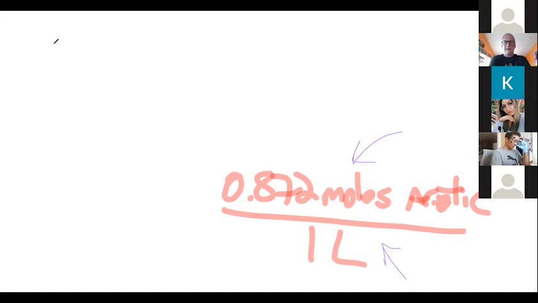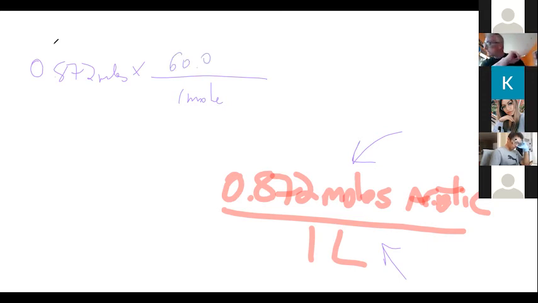How do I determine the mass of 0.872 moles of acetic acid? Multiply it by the conversion factor of the molar mass of acetic acid. There you go. Yeah. So it's 0.872 moles times 1 mole of acetic acid on the bottom, and the molar mass of acetic acid, which is 60.052 grams. So that's how much a mole of acetic acid weighs. That's the molar mass of acetic acid.